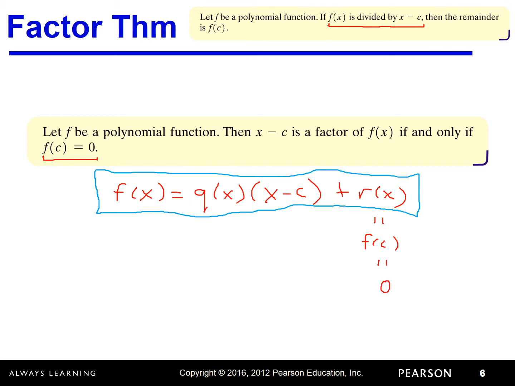Now, if f of c is equal to 0, then you've kind of blown up this last term here. And so this part's gone.